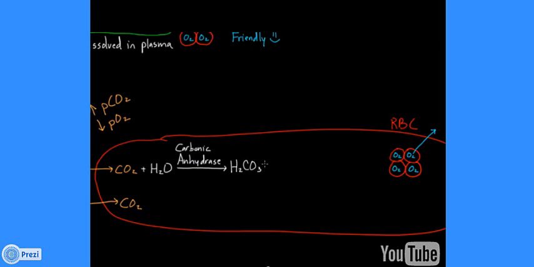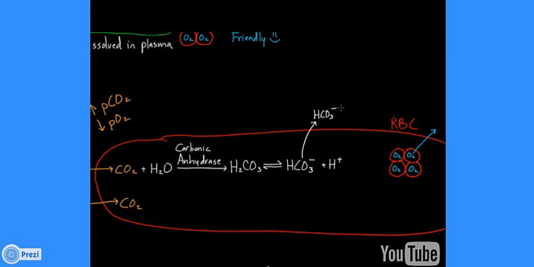or carbonic acid. Now, if it's an acid, try to keep in mind what acids do. Acids are going to kick off a proton. So this becomes HCO3 minus, and it kicks off a proton. And notice that now you've got bicarb and proton on this side, and this bicarb is actually going to just make its way outside.